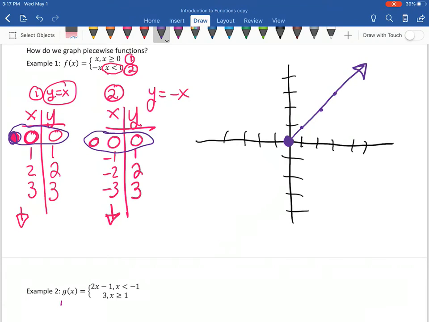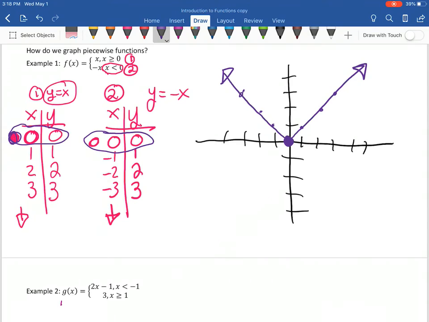If you have an open circle overlapping with an open circle, then it remains open. So I graph that endpoint, and then I'm going to graph point negative 1, 1, and then negative 2, 2, and negative 3, 3 with an arrow on the other end. And there, I've graphed both pieces, and I've completed my piecewise graph.